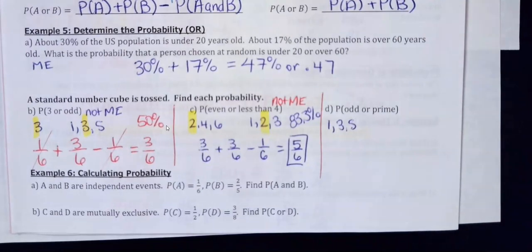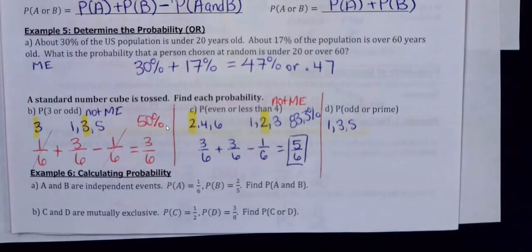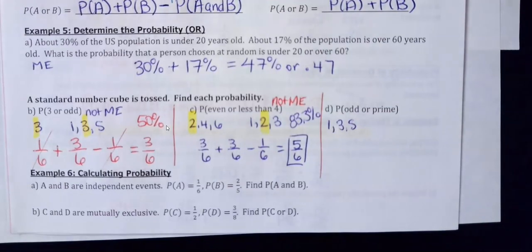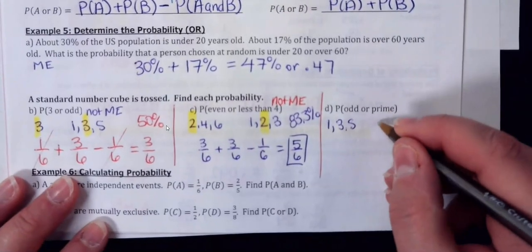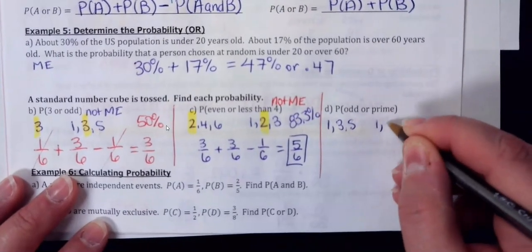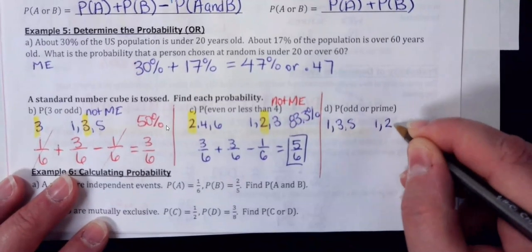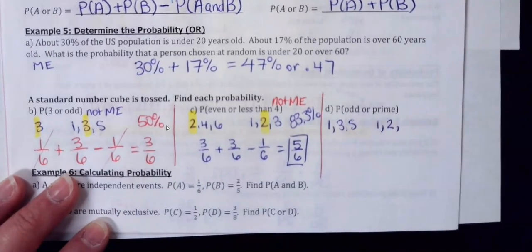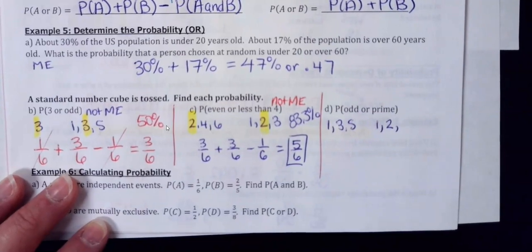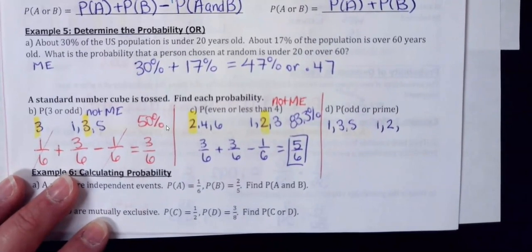So there's not another set of numbers. So like 9, I could do 3 times 3. 8, I could do 4 times 2. 7, I can only do 1 times 7, so that's a prime number. 5, you can only do 1 times 5. So 3, you can only do 1 times 3. 13, you can only do 1 times 13. Now, 2 is the only even prime number because 2's only factors are 2 and 1.